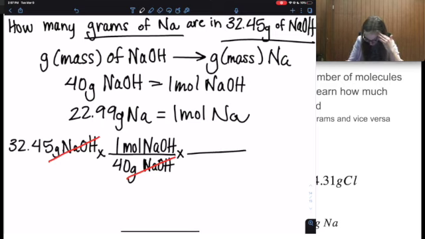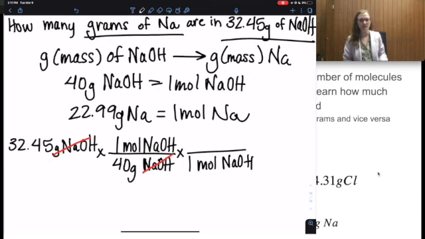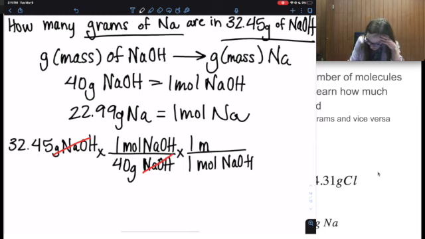So for every 1 mole of NaOH, I've got 1 mole of NaOH on the bottom. We need to figure out how many moles of Na are in 1 mole of NaOH. Again, that comes from my subscript, so I'm going to put 1 mole of Na on the top and see where that's gotten me.